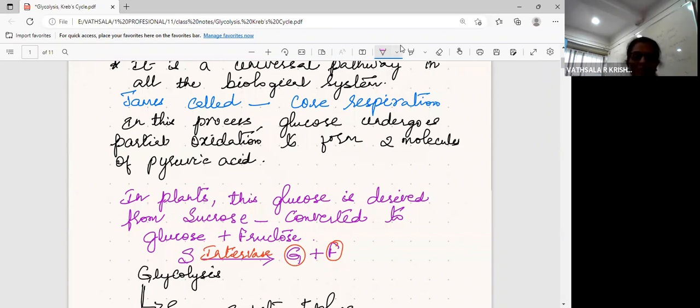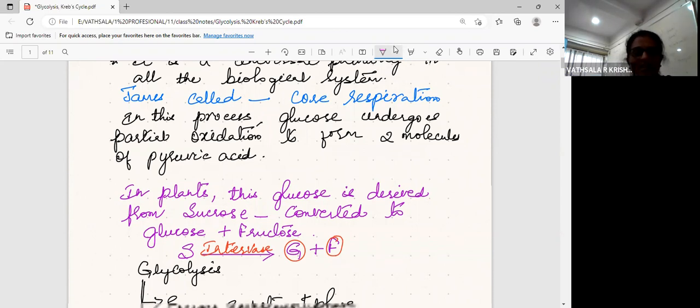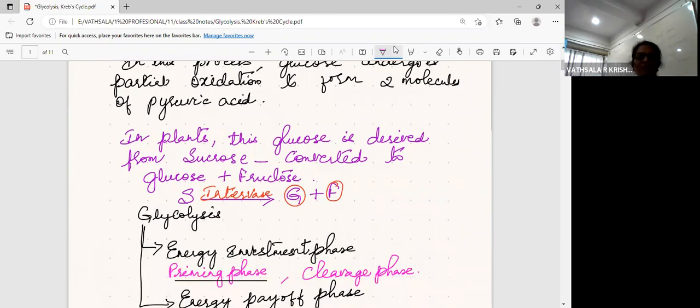In plants, glucose comes from sucrose, because starch is converted to sucrose, and sucrose is transported to different parts of the plant. Sucrose has glucose and fructose both. The invertase enzyme helps in the conversion.